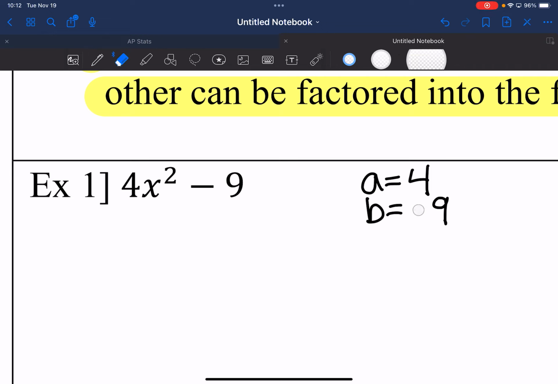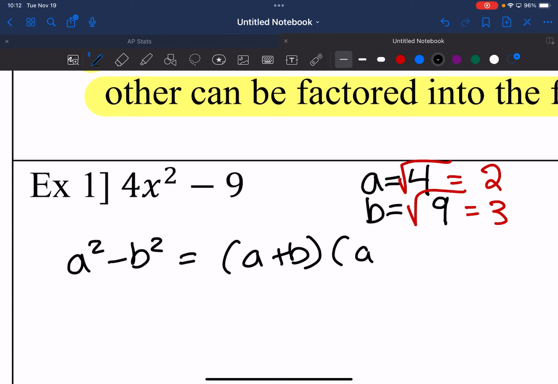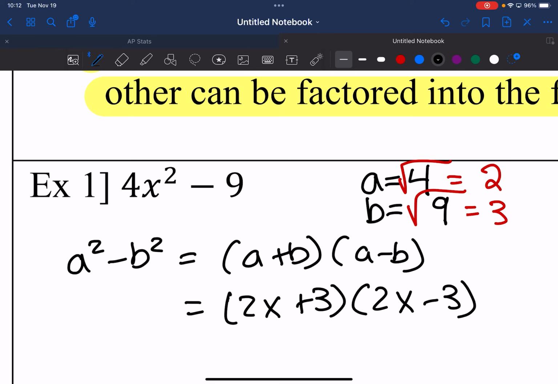I should not have written that negative right there. So what's the square root of 4? 2. And the square root of 9? 3. So our A and B values are 2 and 3. Remember in our formula, A squared minus B squared is equal to A plus B times A minus B. Since we have 2 and 3, our factors are 2x plus 3, 2x minus 3, and that is our answer.